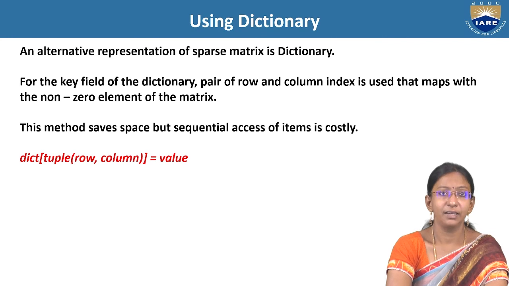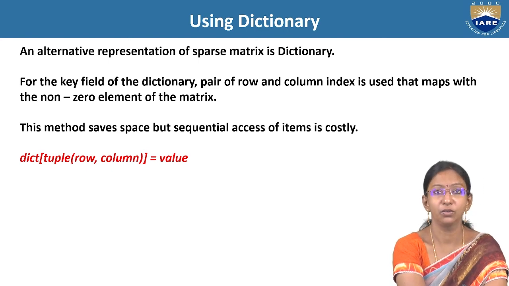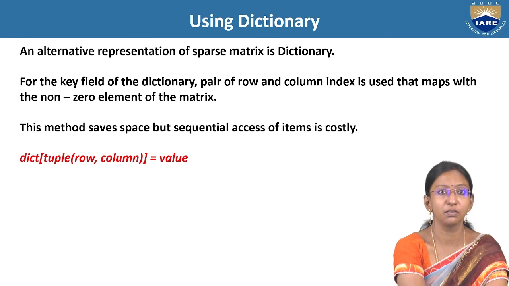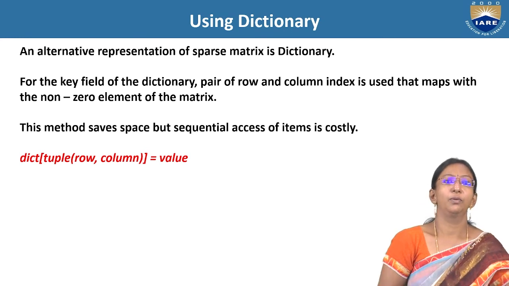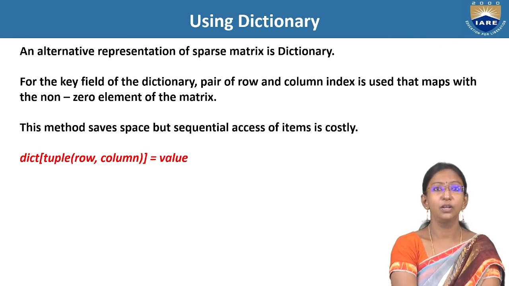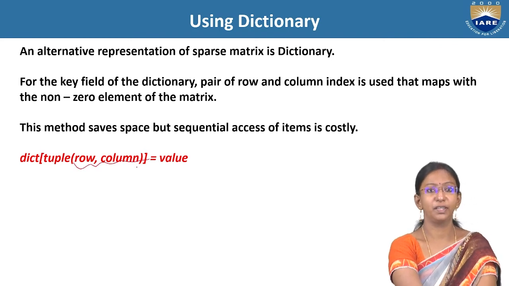And the next but last but not least one is using dictionaries. This is explicitly I'm talking about the case of Python, my dears. Using dictionaries in Python, you can store a sparse matrix. So how dictionaries? Key value combination, right? So for every tuple, which you cannot change, I hope you know the definition of a tuple.